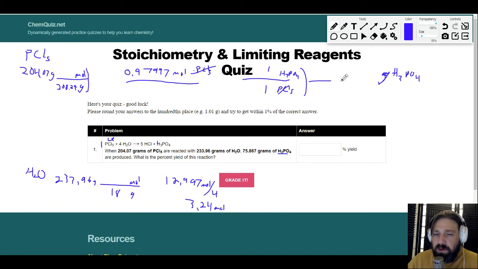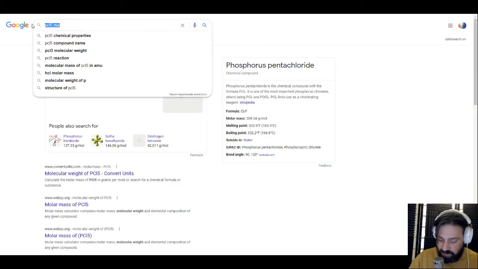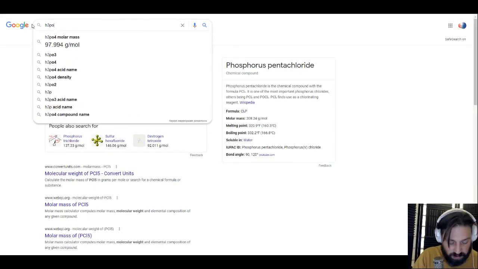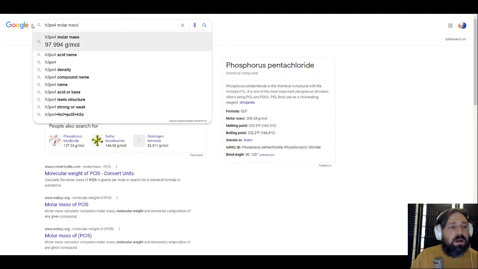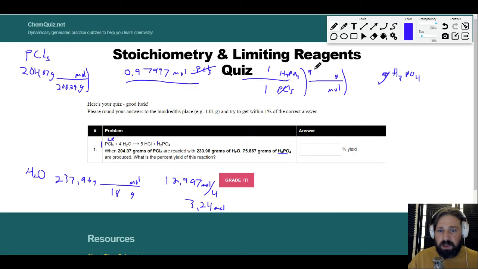But I don't want moles of H3PO4. I want grams. So we're dropping moles, picking up grams, and we can look up the molar mass of H3PO4, which is 97.994.